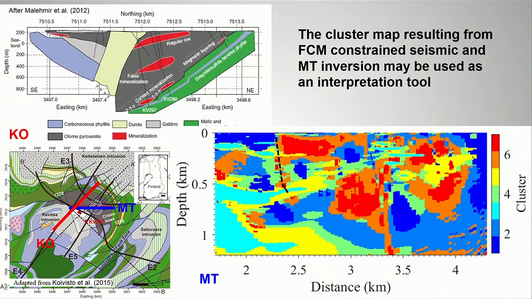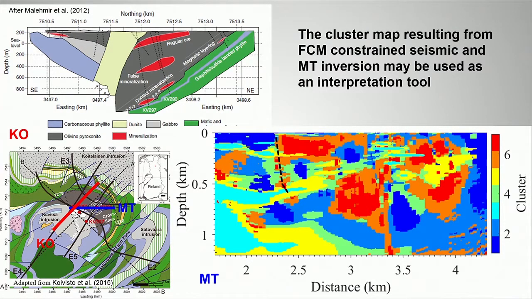For example, here we can see that this zone is mainly related to the dunite, and here, and this part is related to the olivine area.